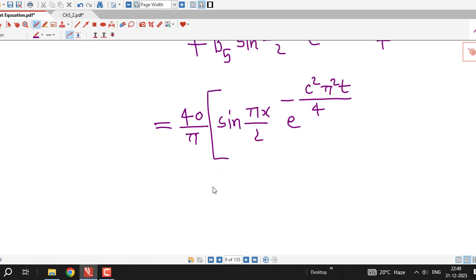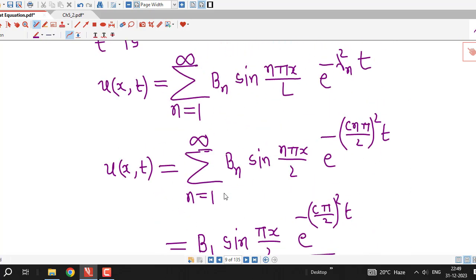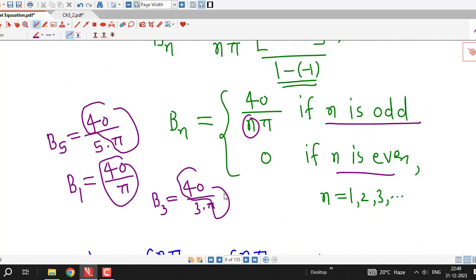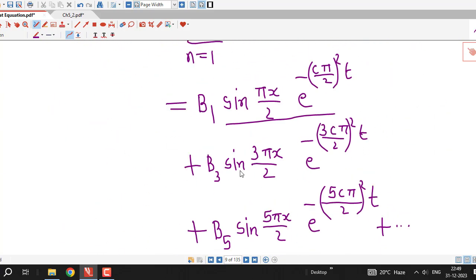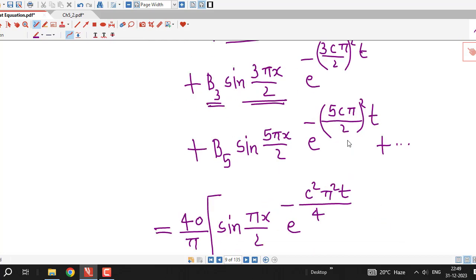Similarly for b3 is 40 over pi into 1 by 3. So here we are left with 1 by 3 sin 3 pi x by 2 minus e raised to 3 square c square pi square t divided by 4.